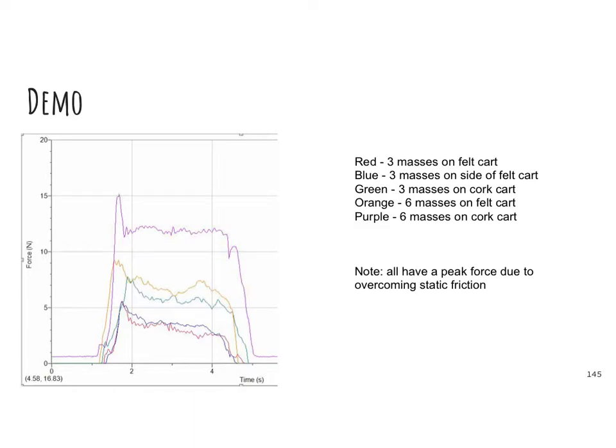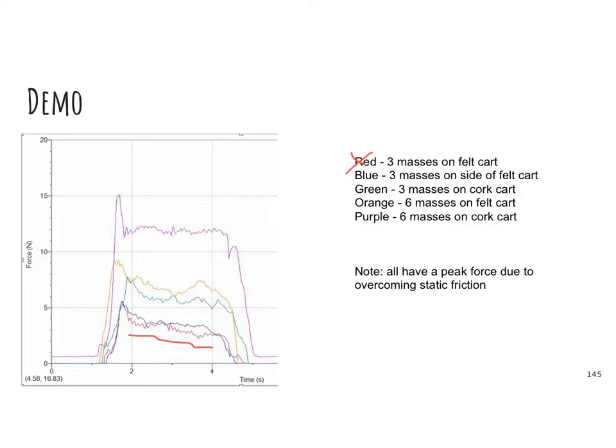The first one, I guess you could say, is the red line. It might be a little hard to see, but it's on the bottom right here. This is just 3 masses on a felt cart, and the felt is on the lab station, and then I pull it across. When I look into all of these graphs, they all have this general trend.